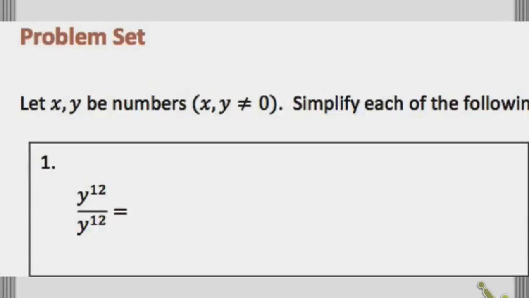All right, so looking at our problem solving set, we're just kind of practicing our rules with that 0 exponent. So you see number 1, we have y to the 12th divided by y to the 12th, and you know your rule for dividing exponents with the same base is that you can subtract those exponents and you get y to the 0, which now you know is just equal to 1.